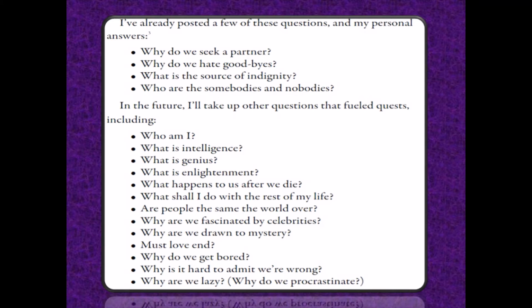What happens to us after we die? What shall I do with the rest of my life? Are people the same the world over? Why are we fascinated by celebrities? Why are we drawn to mystery? Must love end? Why do we get bored? Why is it hard to admit we are wrong? Why are we lazy?